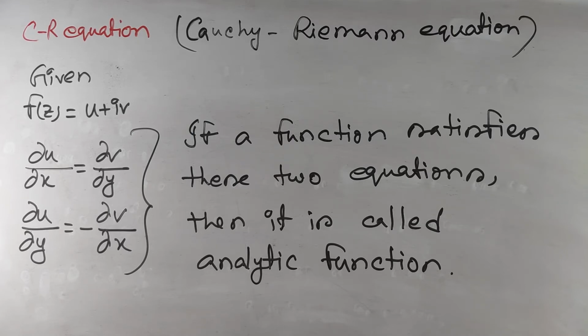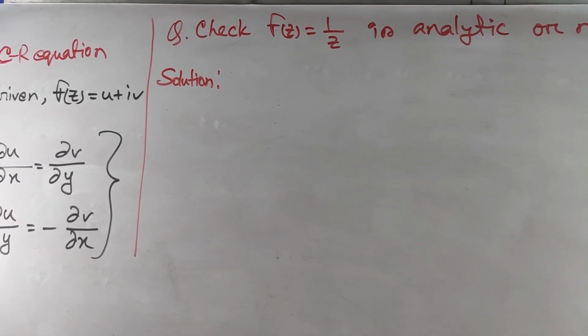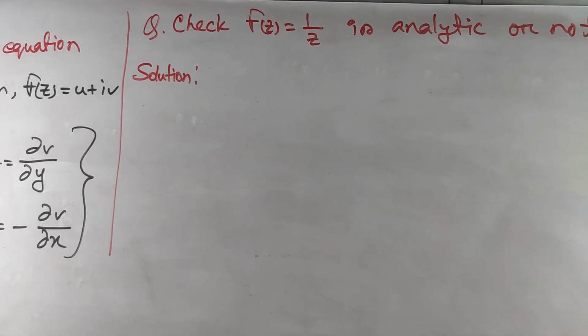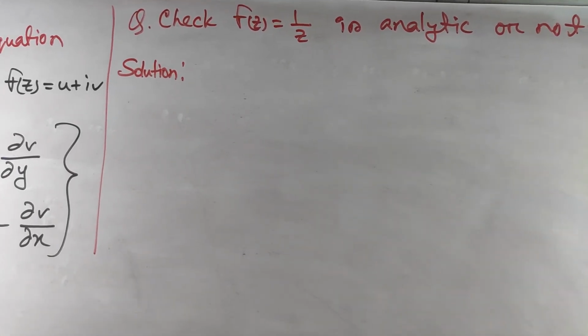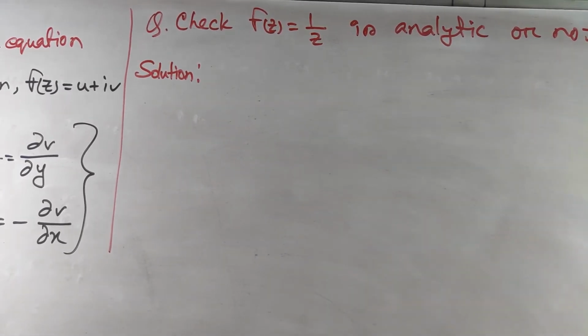That's why let's see how we use these CR equations to test whether a function is analytic or not. Take a question: check whether f(z) equals 1 by z is analytic or not. We will solve this by using the CR equations.